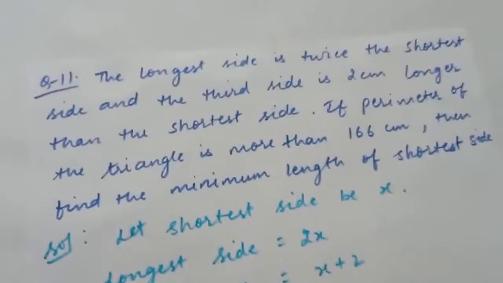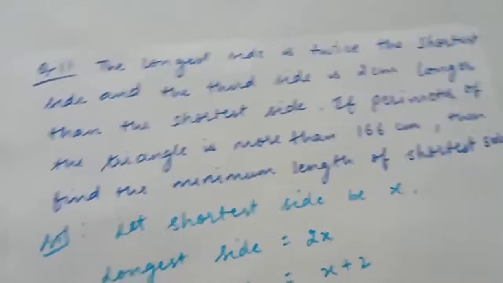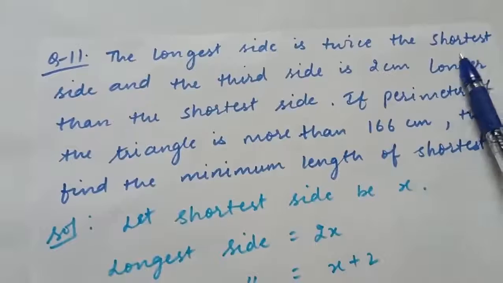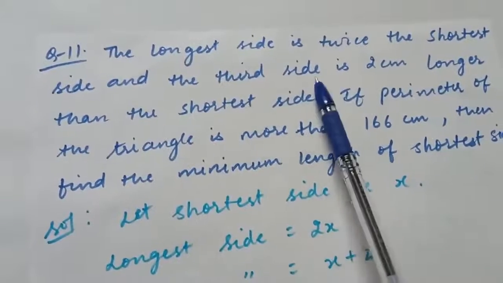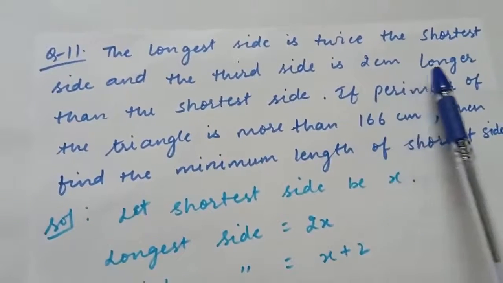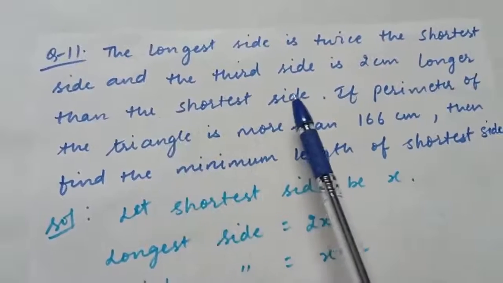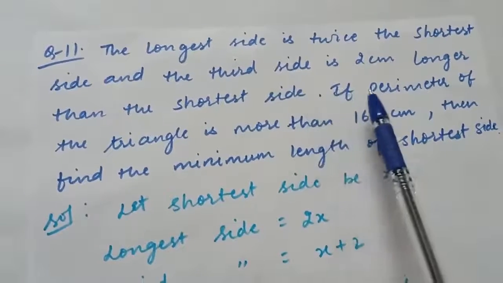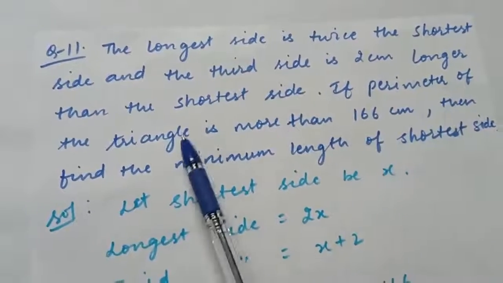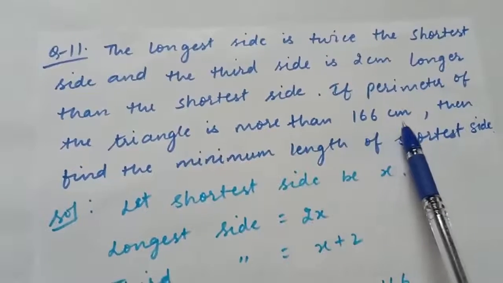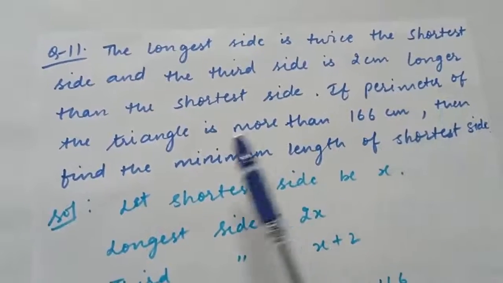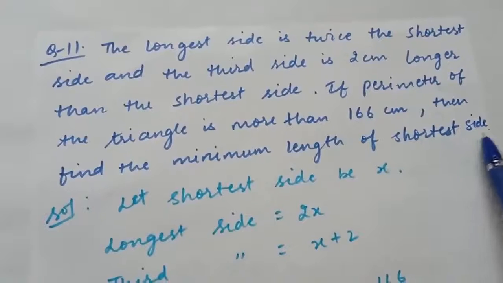Now question number 11. The longest side is twice the shortest side and the third side is 2 centimeter longer than the shortest side. If the perimeter of the triangle is more than 166 centimeter, then find the minimum length of the shortest side.